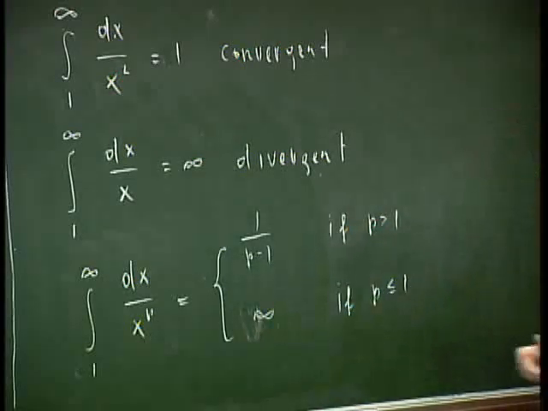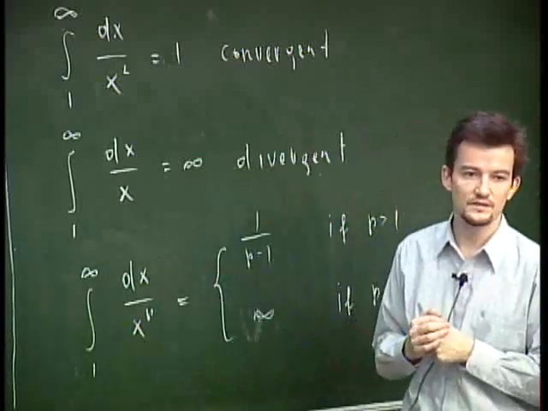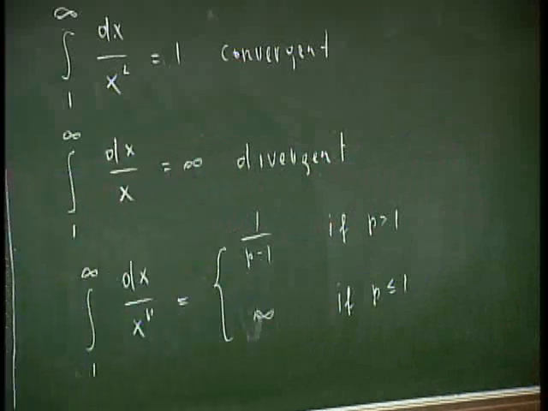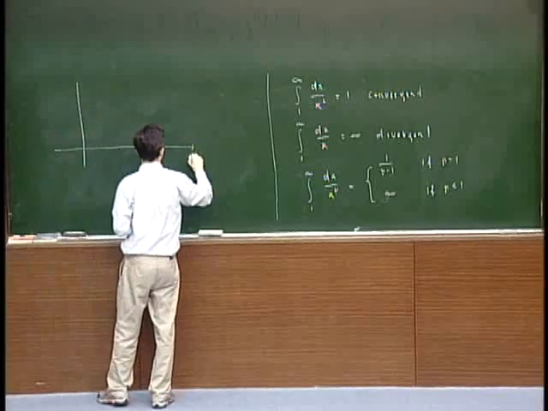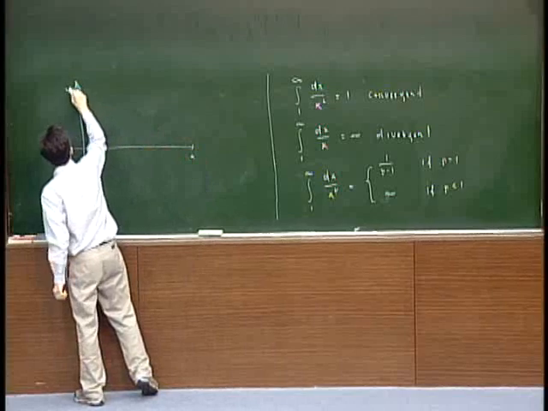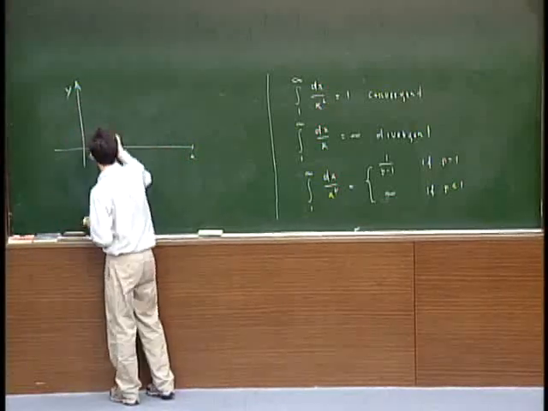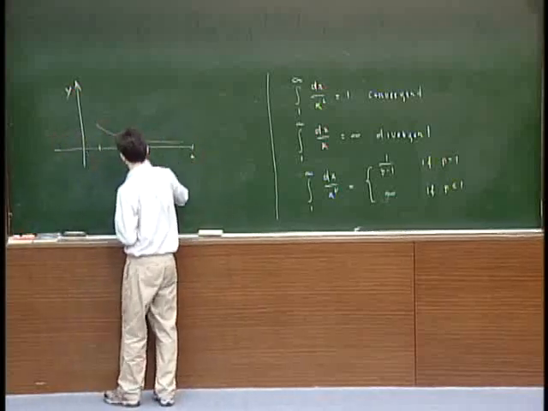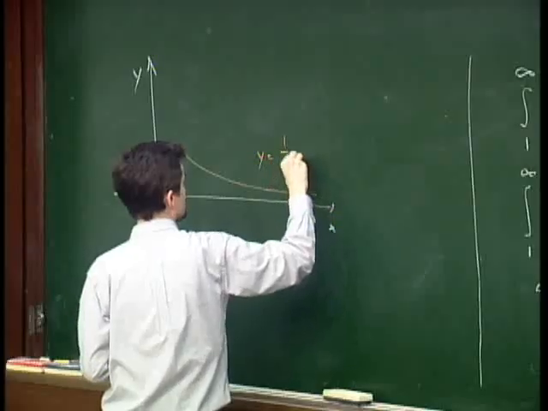Now, this roughly tells us, if we look at such functions 1 over x to the p, because you can interpret this as an area, so you have this function here, this is our function y is equal to 1 over x to the p.